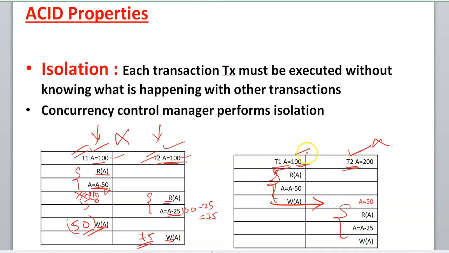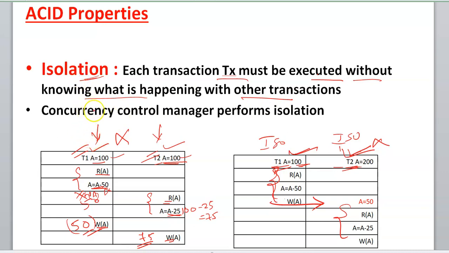So that is isolation. Now even if these two transactions execute, there is no interference of T1 with T2 and both are totally isolated transactions. Yes, so that is the concept of isolation. So each transaction must be executed without knowing what is happening with other transactions. So that is a property of isolation.